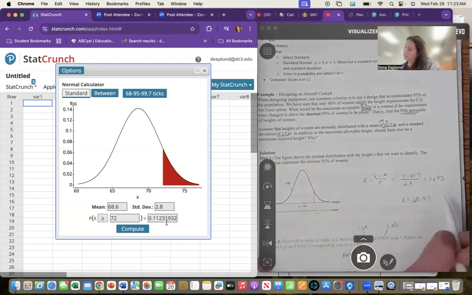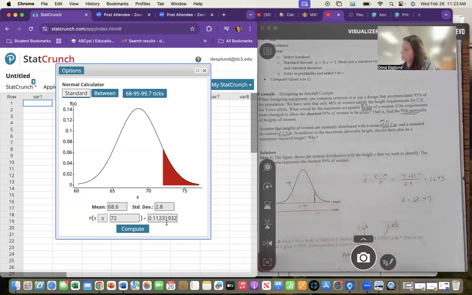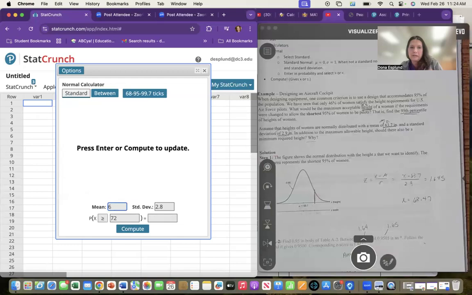So we need to find, first of all, the amount that will allow us to be at the 95th percentile. So in order for me to do this, I'm going to plug those amounts into my calculator. So it's 63.7.